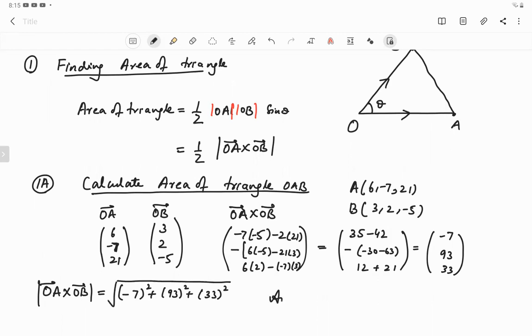And then the area of the triangle is equal to 1 by 2 of the magnitude of OA cross OB, which is 1/2 times the square root of 7 squared plus 93 squared plus 33 squared. So we arrive at 98.93, and when we divide it by 2 it is equal to 49.465 units.